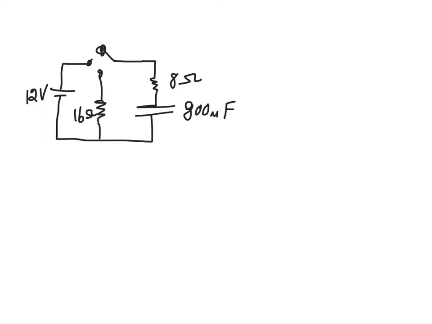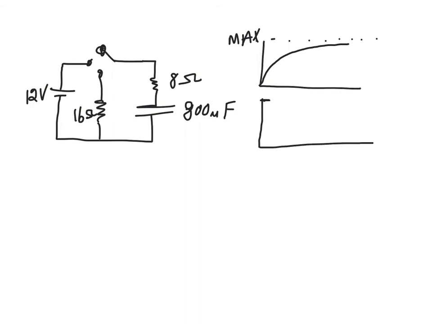And the capacitor starts with 0 voltage, so the capacitor has to charge. And so what you should know about these circuits is that there are two behaviors, and only two behaviors, either a quote-unquote charging behavior that charges to some maximum value, or a discharging behavior that discharges from some maximum value.